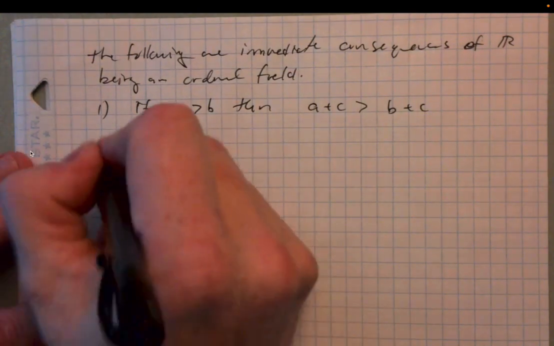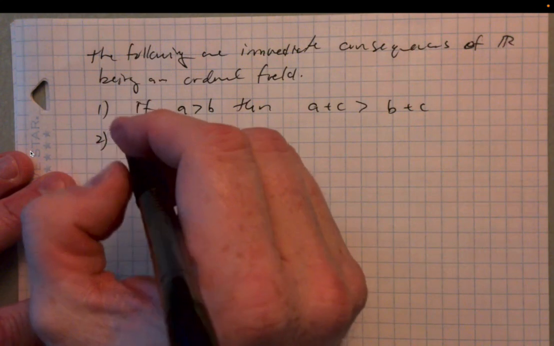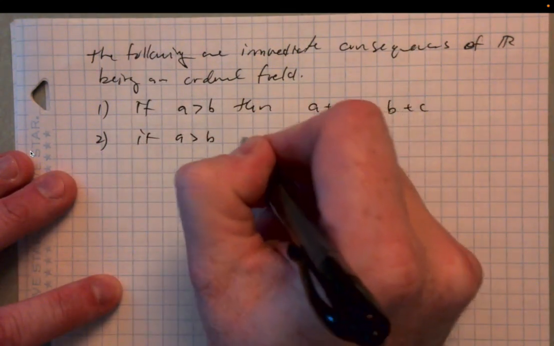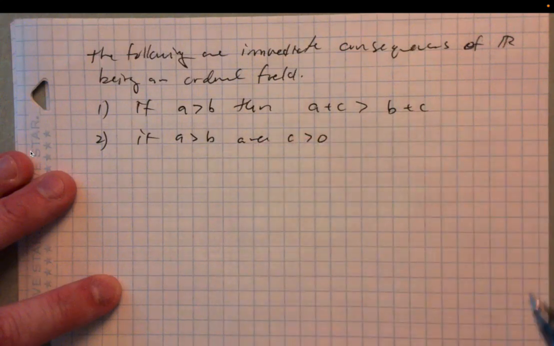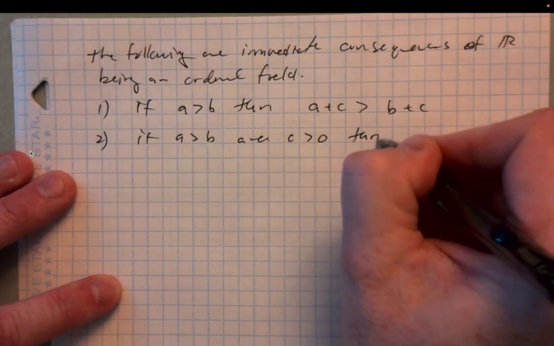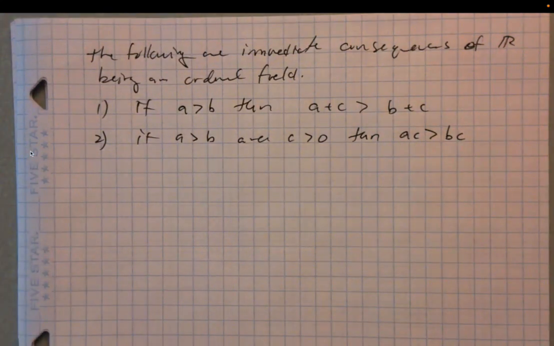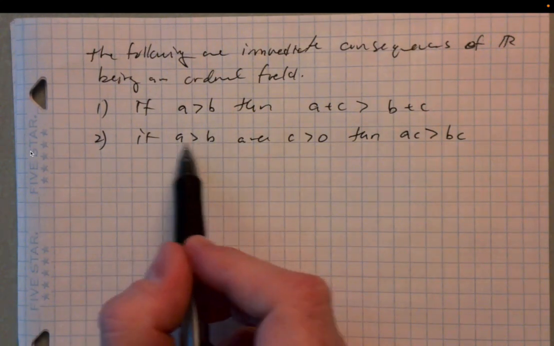Another one would be if A is greater than B and C is greater than 0, then AC is greater than BC. So when I multiply by a positive value, C, the ordering remains the same.